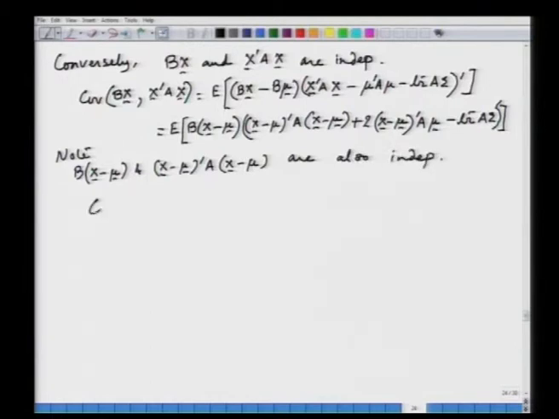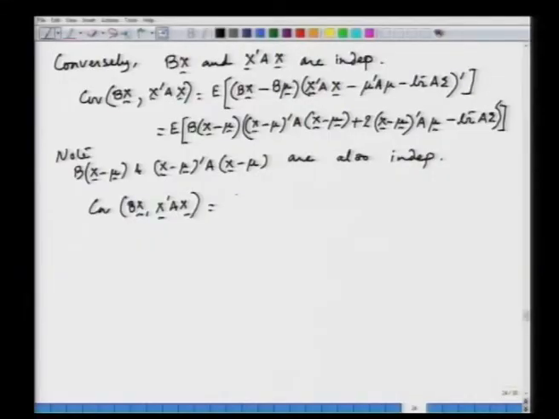And then what do I get from the covariance term? I am considering the expectation of this B(x minus mu) with this product. This is the first thing, the joint expectation, that I am considering.